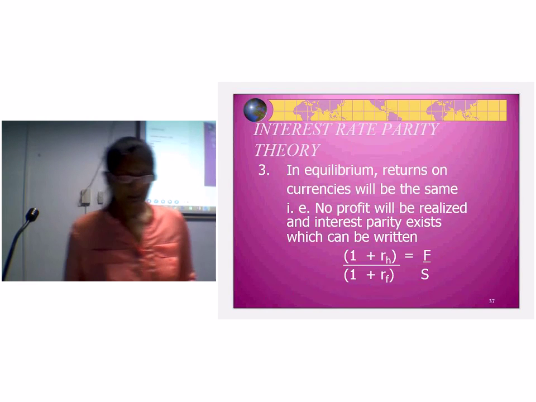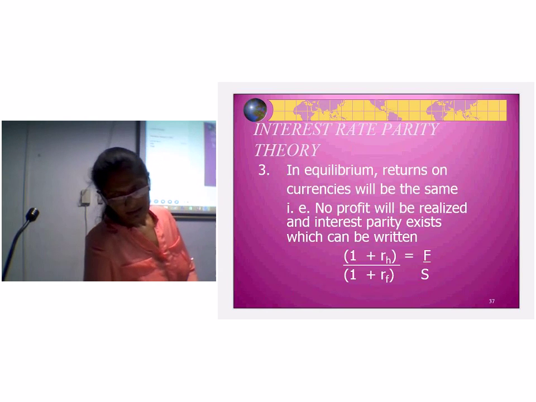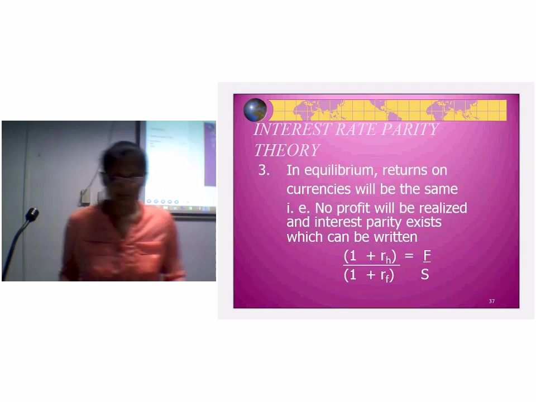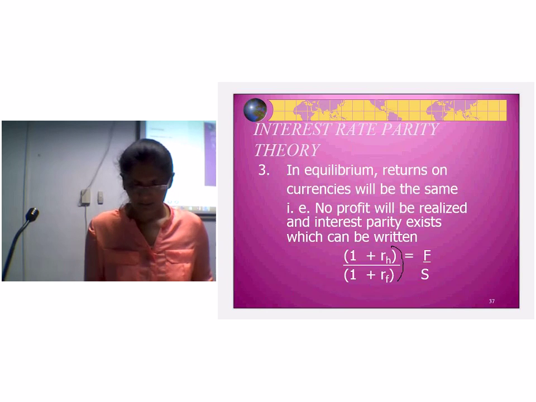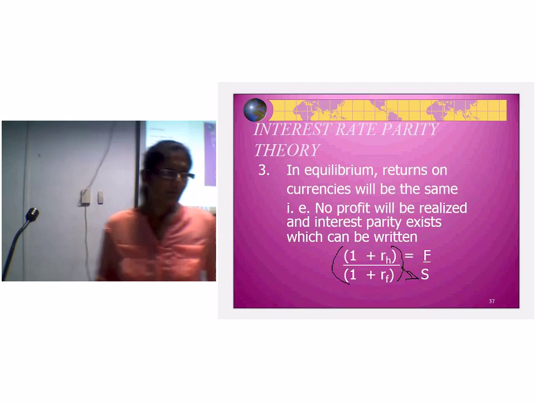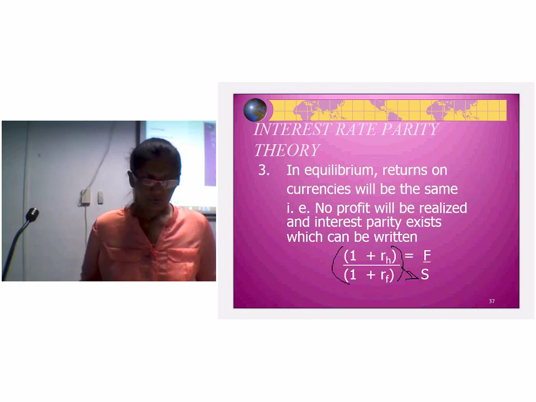In equilibrium, returns on currencies will be the same, that is, no profit will be realized at the interest rate parity. Yes, at the equilibrium we know that there will be no profit, right? Because when you multiply the interest rate differential between countries by the spot rate, it should be equal to F. Same thing, the same equation we have rearranged.